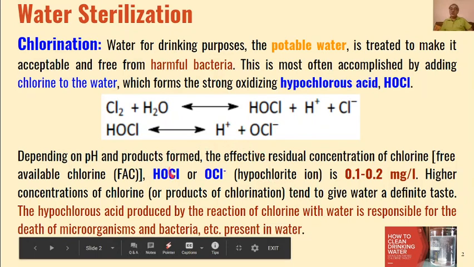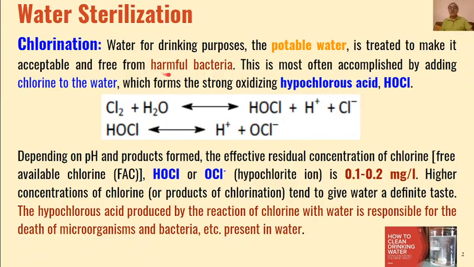But chlorination through these products, hypochlorous acid and hypochlorite ion, will be responsible for death of many microorganisms and harmful bacteria present in the water. So chlorination basically gives us safe water for drinking.